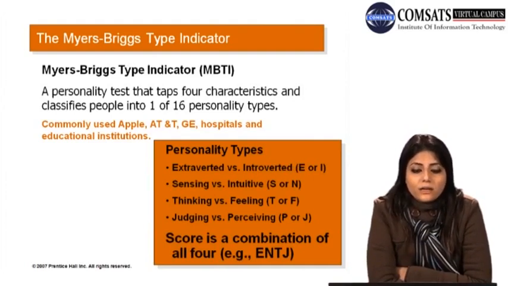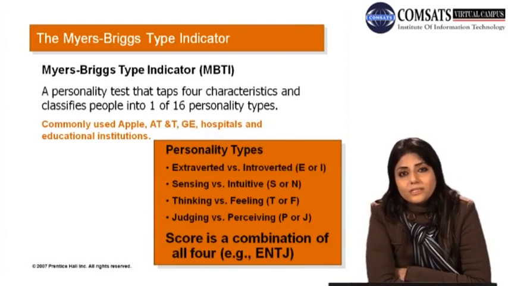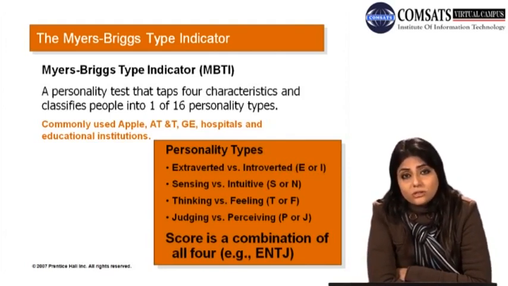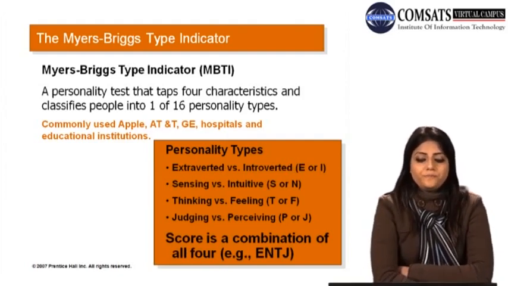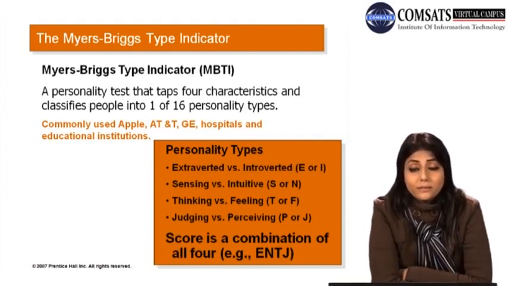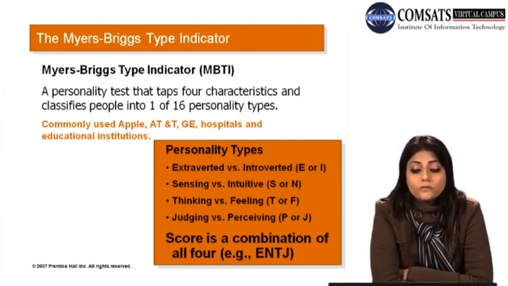Okay, we have this Myers-Briggs Type Indicator, which is the oldest tool to measure the personality of the individual. This indicator consists of 100 questions used to measure personality. It taps 4 characteristics and classifies people into one of 16 personality types.